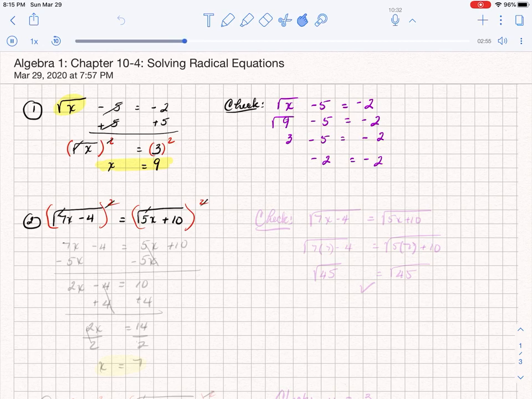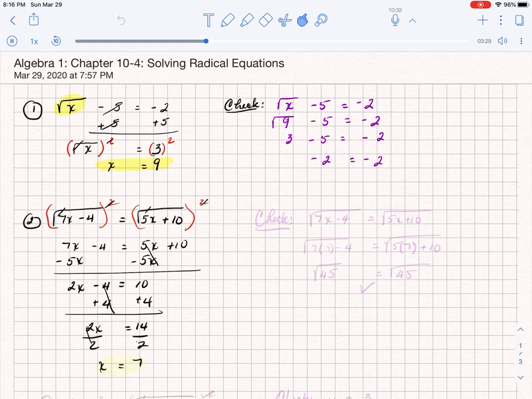You should have 7x minus 4 equals 5x plus 10. Again, inverse operation: I want to take the 5x to the other side. I should have 2x minus 4 equals 10, and I want to solve for x. So I take the 4 to the other side: 14 divided by 2, so x should be 7.